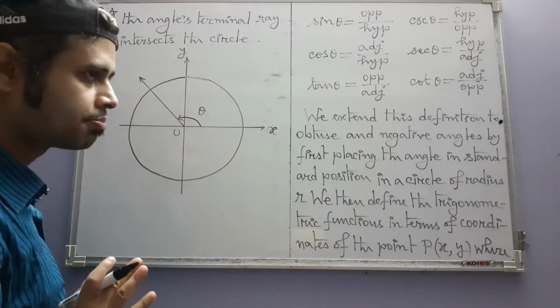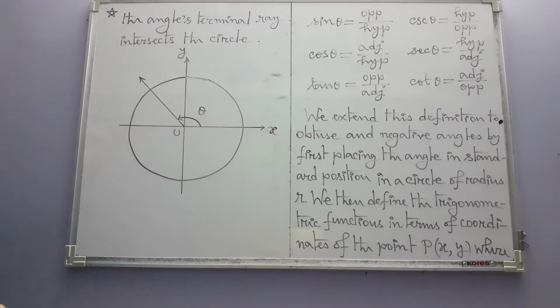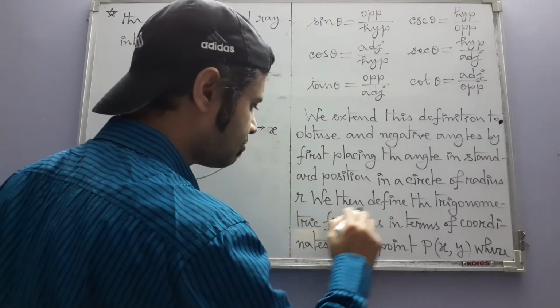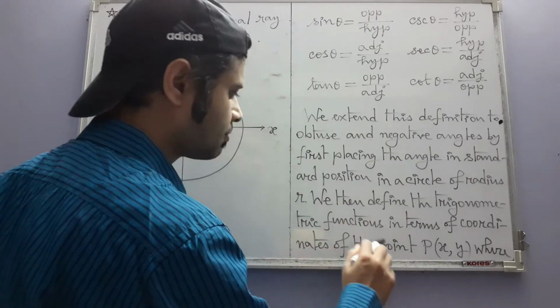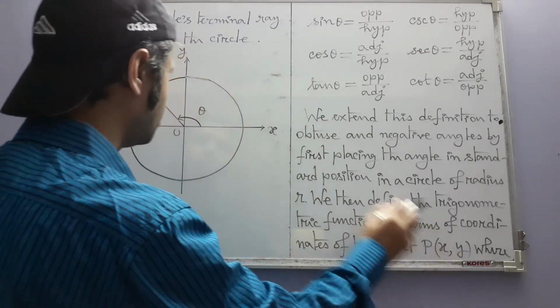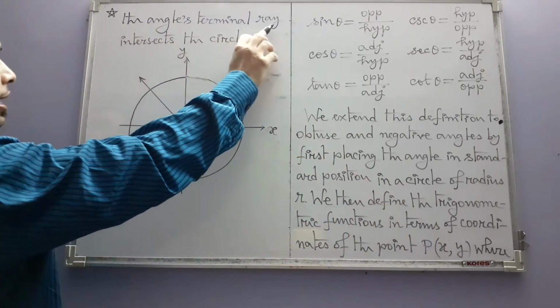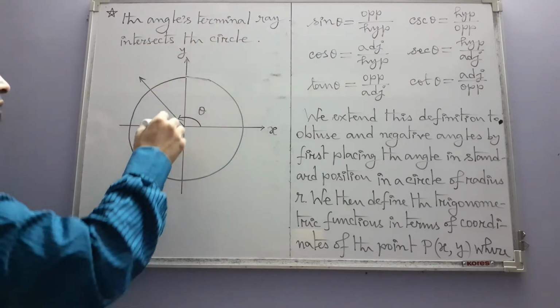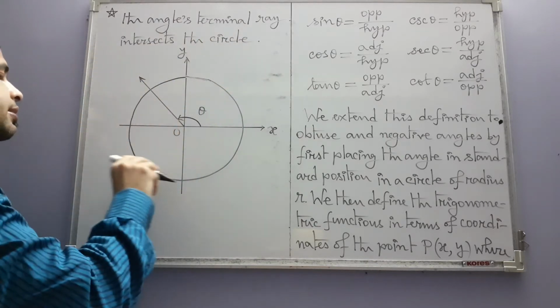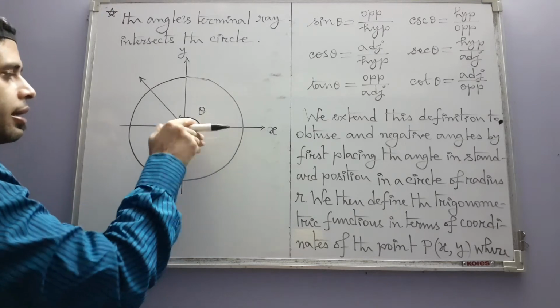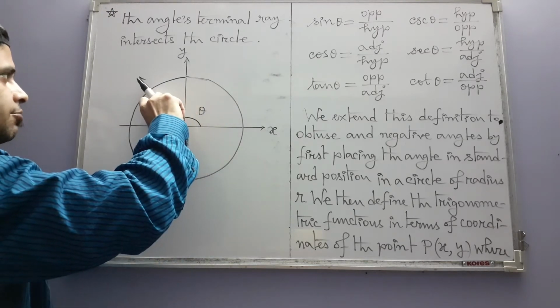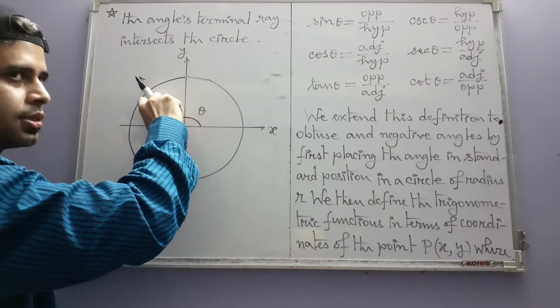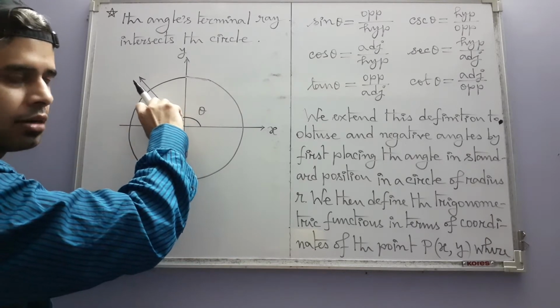So this is our obtuse angle, and we then define the trigonometric functions in terms of coordinates of the point P where the angle's terminal ray intersects the circle. This is the terminal ray because it has gone through this rotation and it has finally settled in this terminal final position.